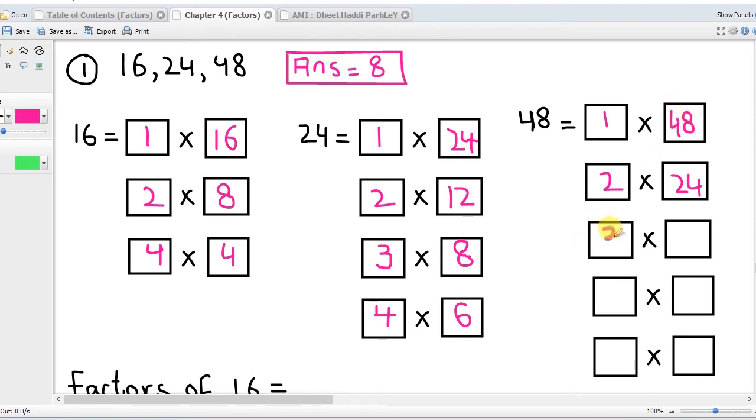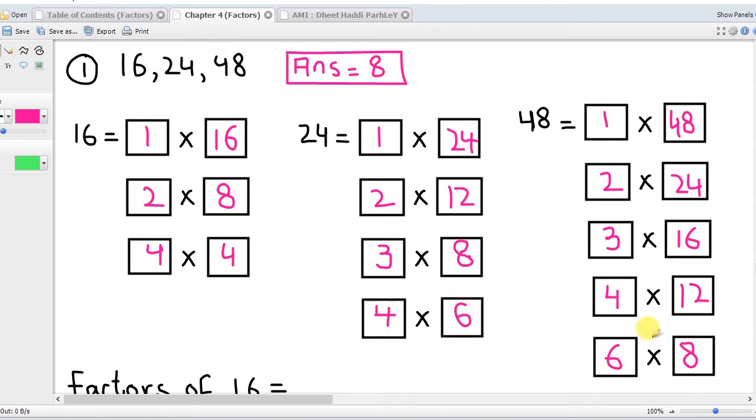Yes, 3 times 16 is 48. 4 times 12 is 48. 5 times any number? No. 6 times 8 gives us 48. 7 times any number? No. Then 8 times 6.